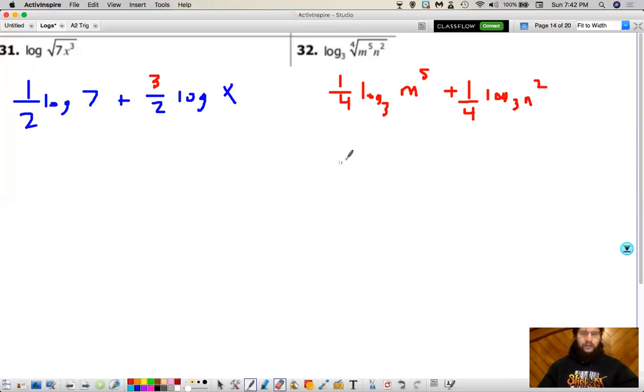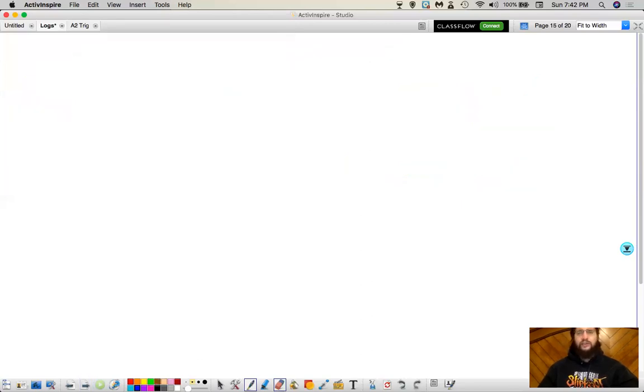I'll write it on the new step. 5/4, because 5 times 1/4 is 5/4. Log base 3 of m plus 2/4 or a half log base 3 of n. There we go. That is it for properties of logarithms.